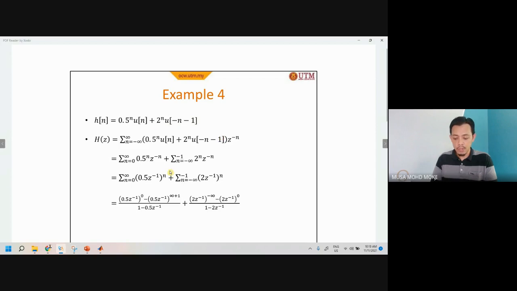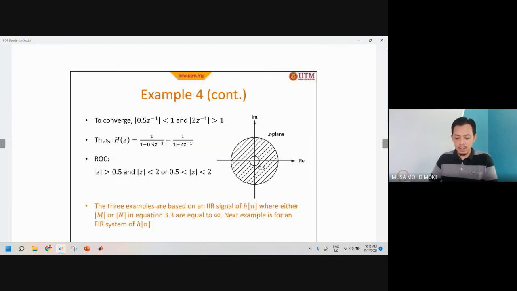After you solve that for H(z), what you will get is a ROC. The first one is |z| greater than 0.5. This is causal. But then you have another one, because we have two terms here. The other one is |z| less than 2.